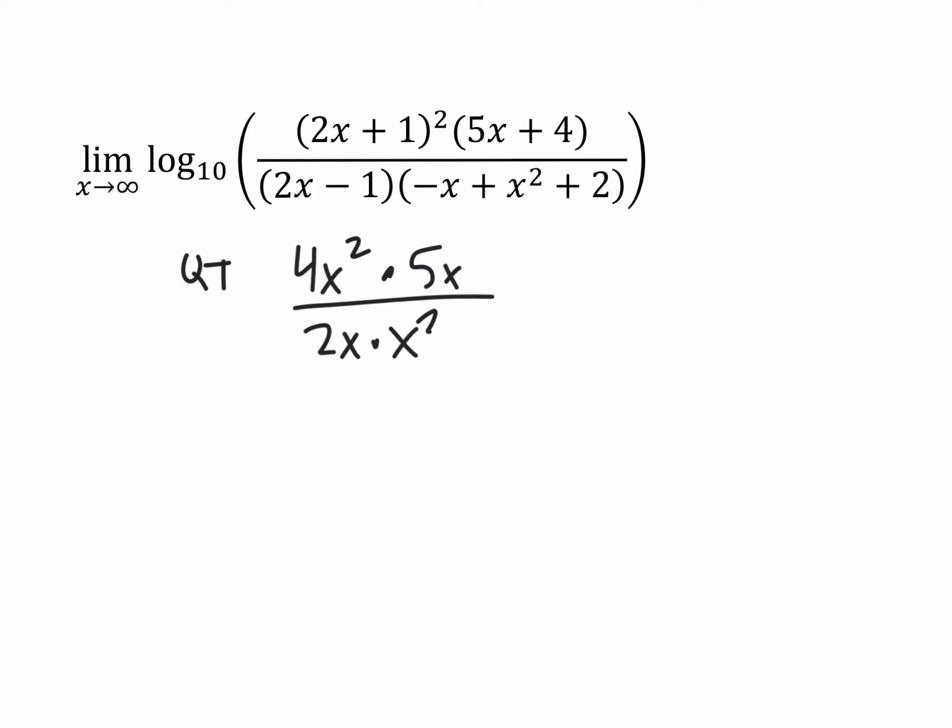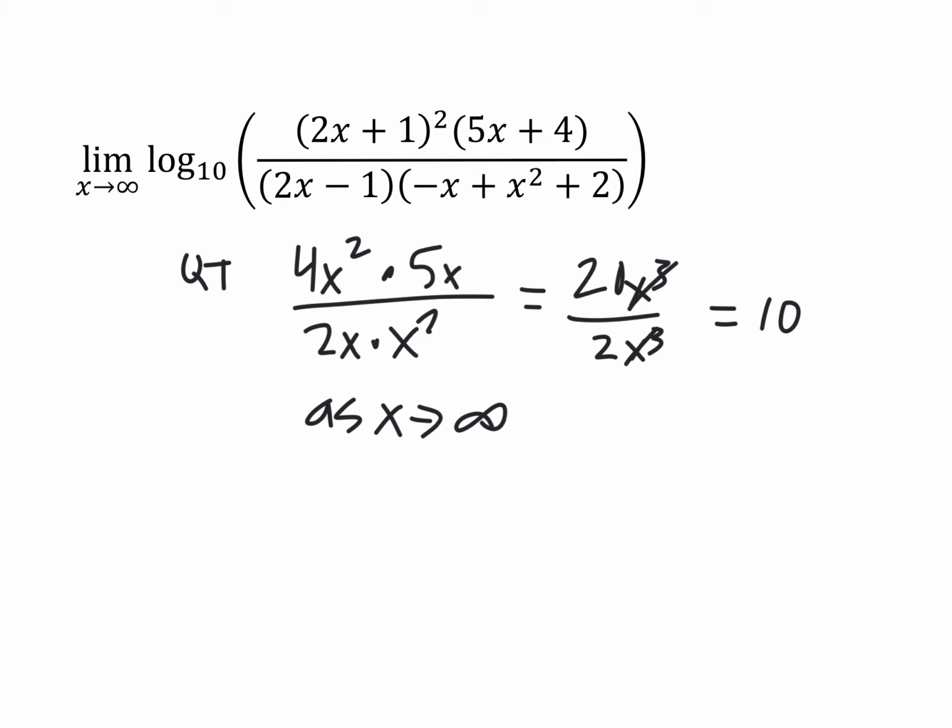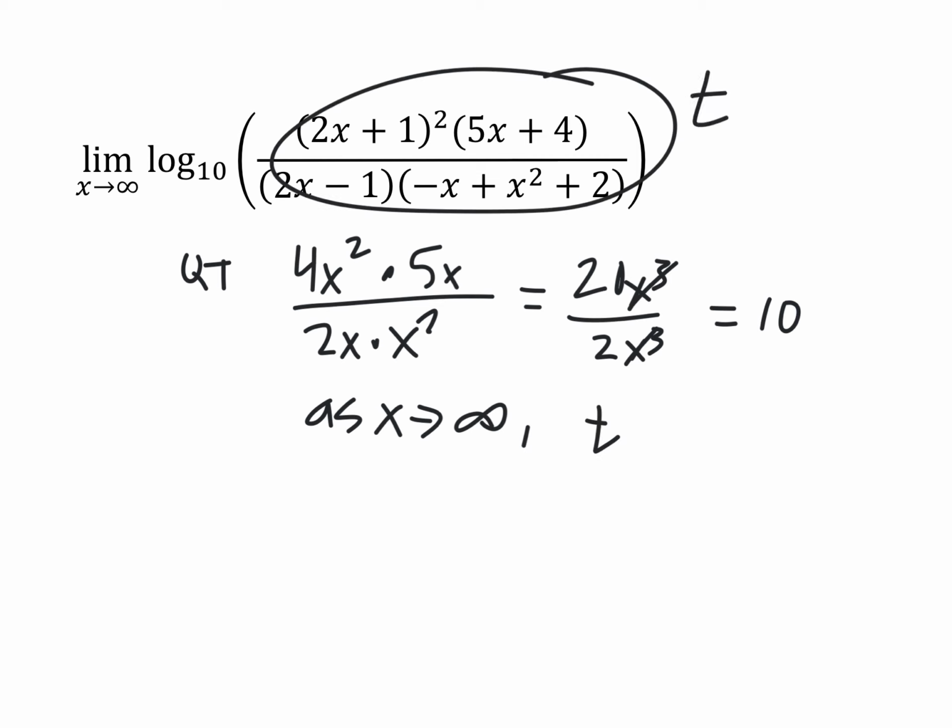And that's going to give us 20x cubed over 2x cubed, which is just going to give us 10. So while skipping some steps, what we find is that as x approaches infinity, t, this whole thing being t, is going to approach the number 10.